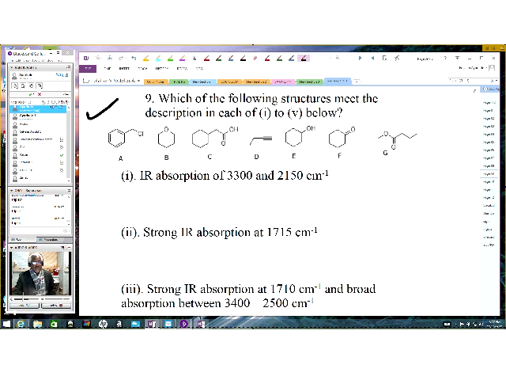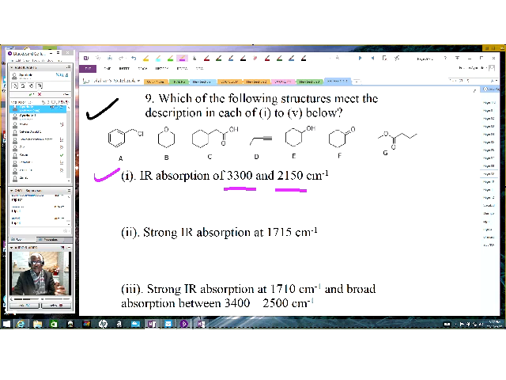Okay, I also need your help here. The first one says infrared absorption at 3,500 and 2150. Now, this set of questions here, I don't know whether Dr. BAKARE has given you the table of infrared absorption.